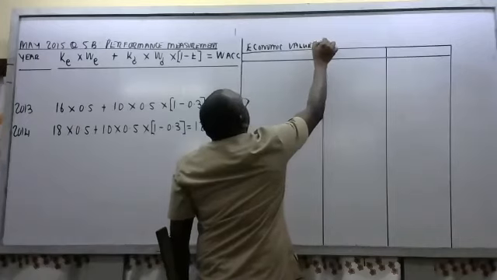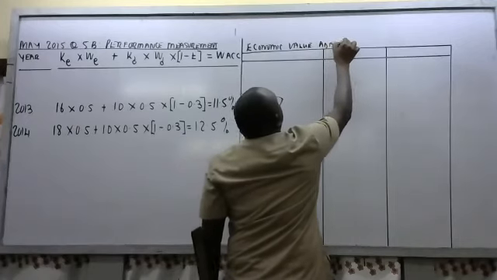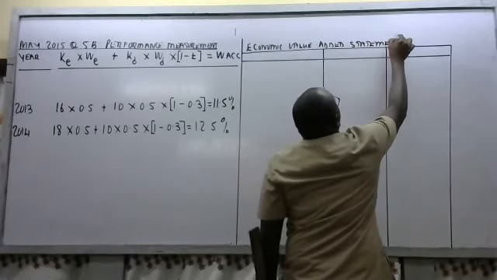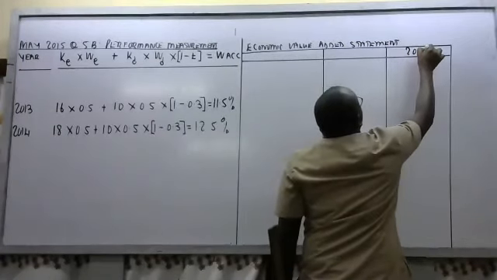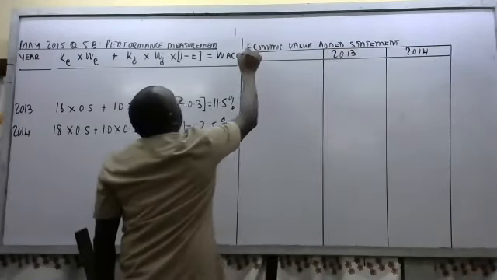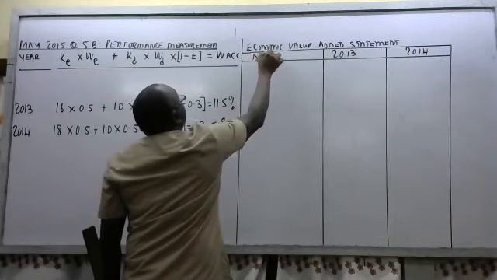So let's now draw the economic value added statement. We have 2014, we have 2013, and we do have details.